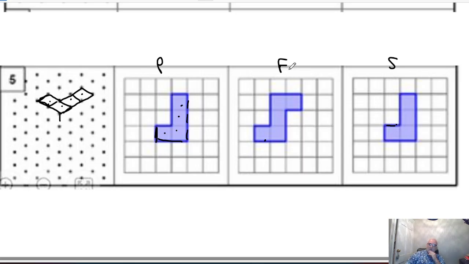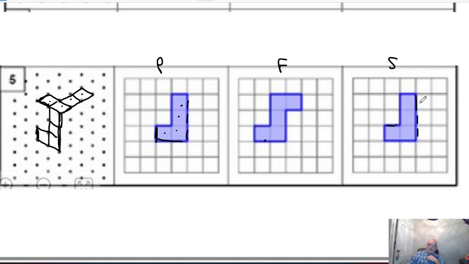So we've got 1, 2, 3 squares high. And it goes across 2 squares at the bottom. Okay, so that's what I've got from my side elevation.